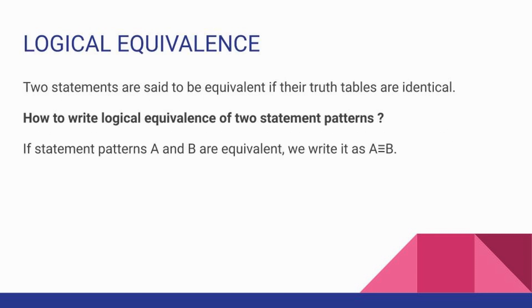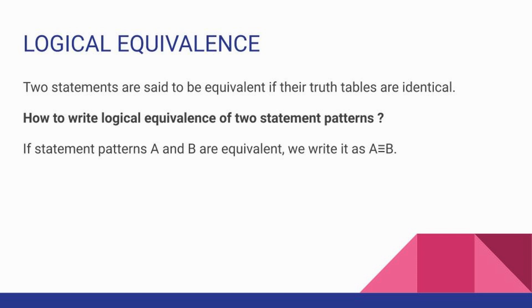Now, let us understand what is logical equivalence. Two statements are said to be equivalent if their truth tables are identical. That means, suppose we have two statements A and B, if their truth tables are identical, that means the same.